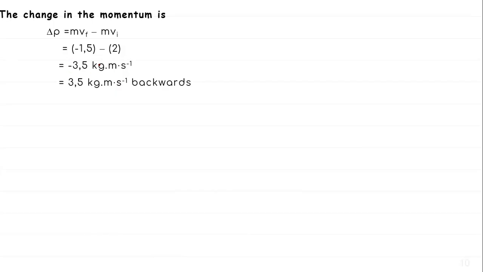And remember, our vector must not be left negative, it must be positive. So it's 3.5 kilograms dot meter per second, and the negative means backwards, right? Remember, I'm interpreting that negative, so that's why I removed it there.